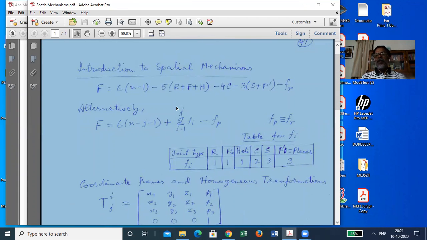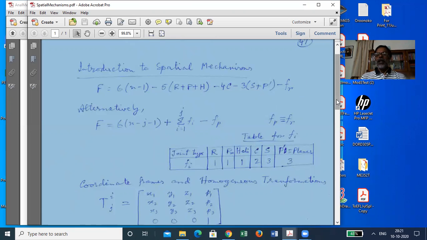There are 4 links, right? So 6 into 3, 18, minus 2 revolute pairs and 2 spherical pairs: 18 minus 10 minus 6. 2 degrees of freedom remain. So indeed, the RSSR mechanism has 2 degrees of freedom, but 1 degree of freedom is a passive freedom.